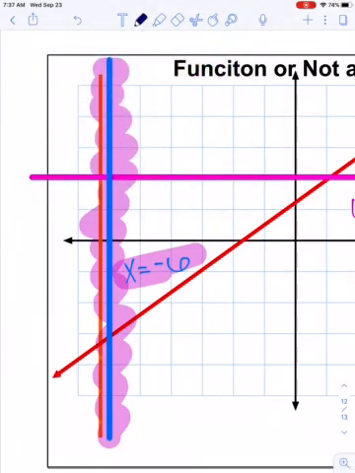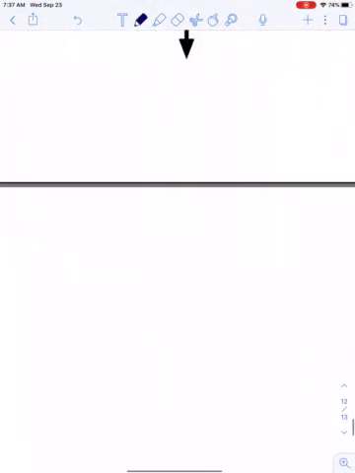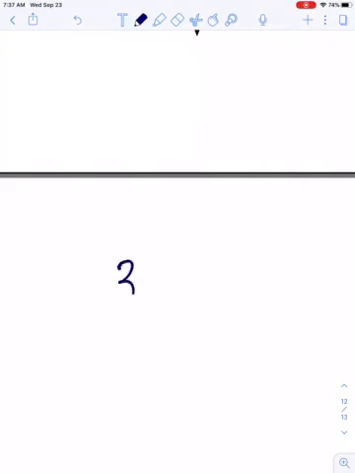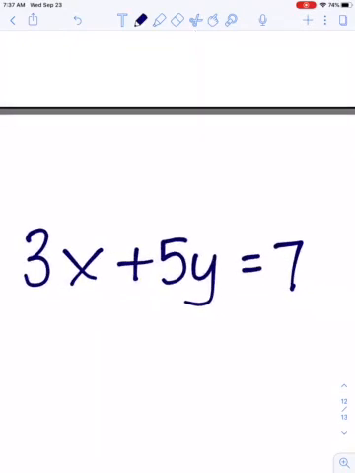So there's a part of your homework where they give you equations and they ask you if it's a function or not. So you have to think back to our other equation, so it says 3x plus 5y equals 7, okay? Remember our questions to see if it's a line. Are x and y being raised to any powers?